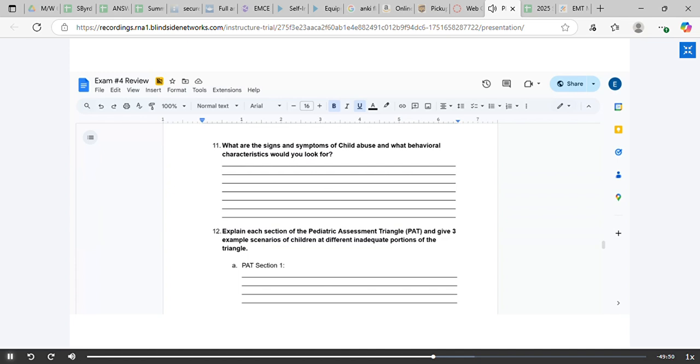Okay, so if they broke both of their arms in the same place, or if there are any burns, burns are a big one. It's called dipping injuries, where the child may have been dipped down into boiling water.